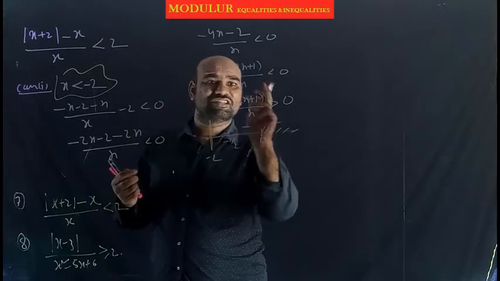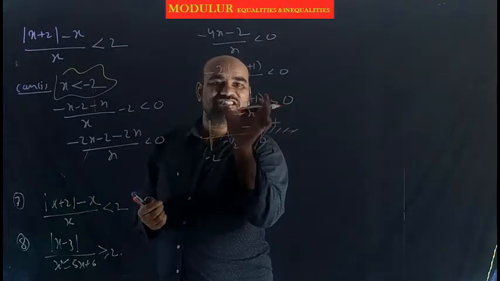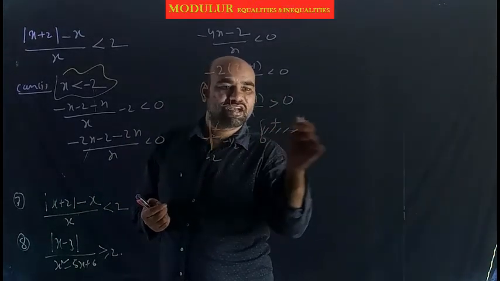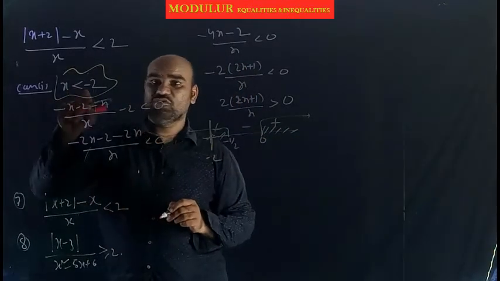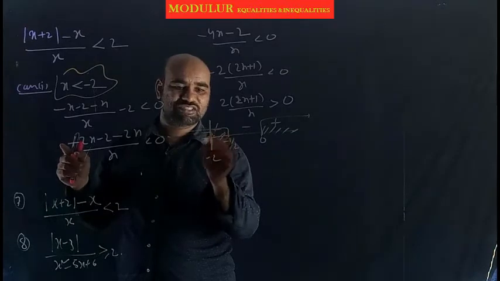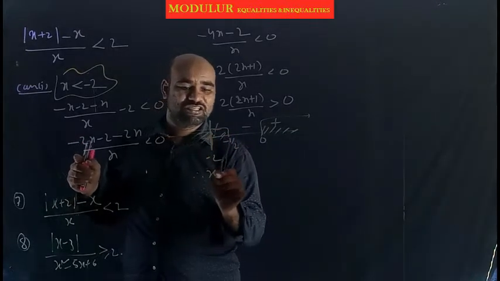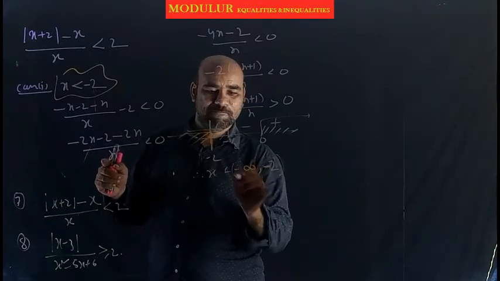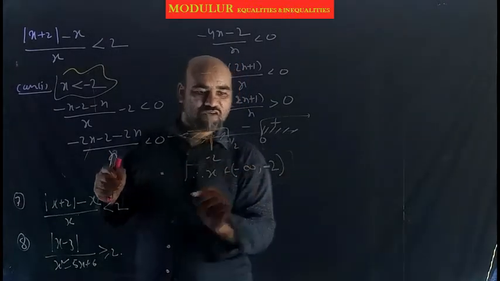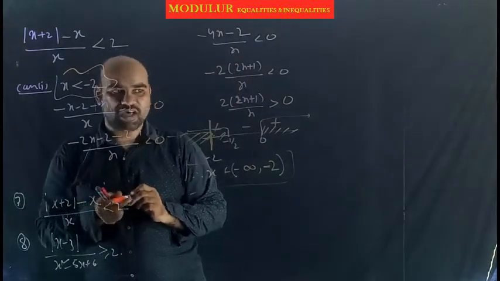So actually what values of x satisfy this? Less than minus half or greater than 0. But your x should be less than minus 2. Less than minus 2 means this area. So finally x belongs to minus infinity to minus 2 open. This is one part of the solution of the problem.